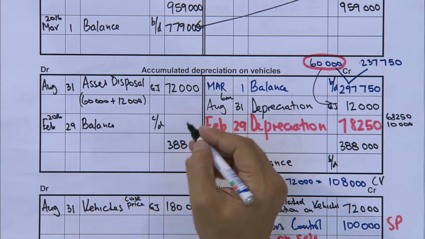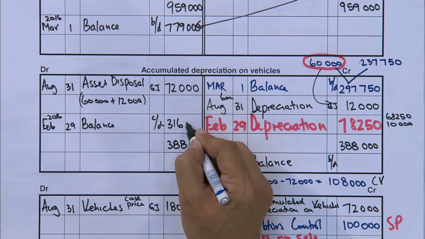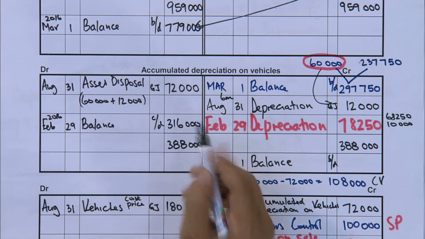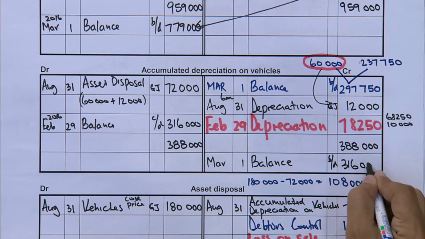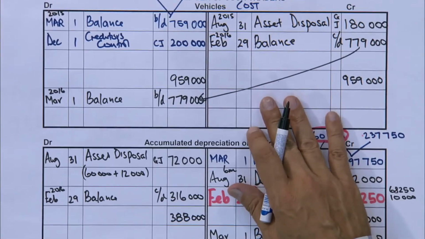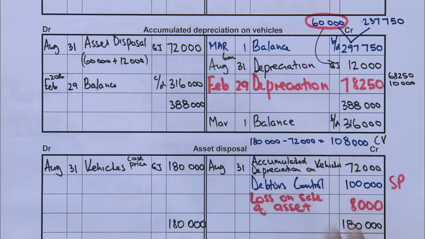And that balance will just be the difference between those two figures, which is 388 minus 72, which gives me 316,000. Okay, so the vehicles account is balanced. The accumulated depreciation on vehicles account is balanced.